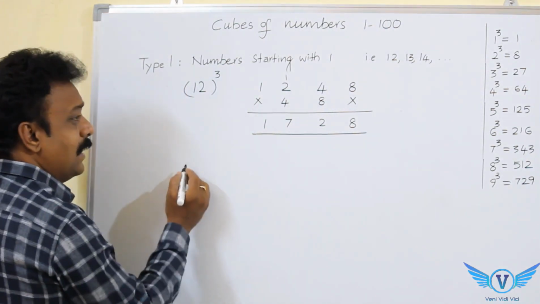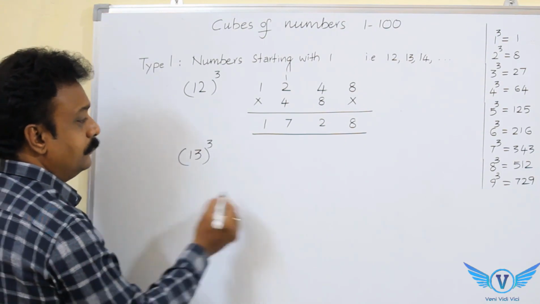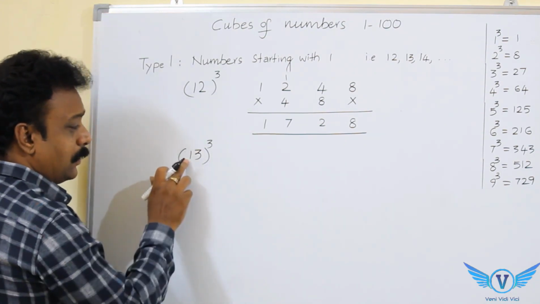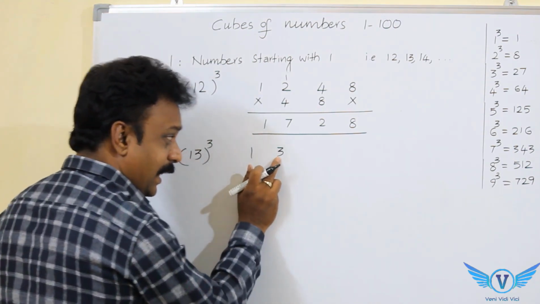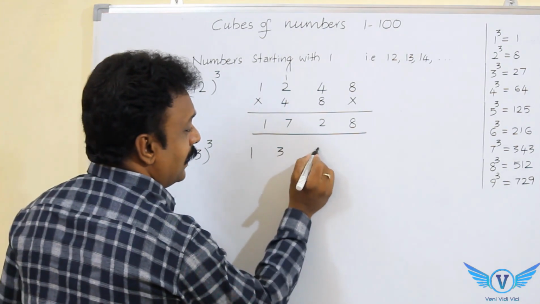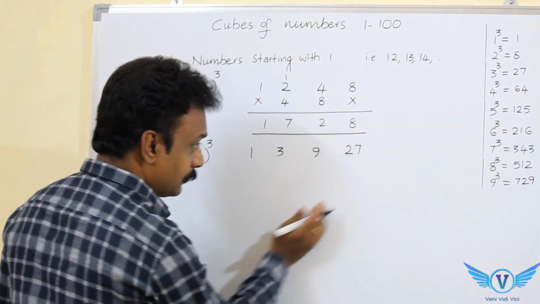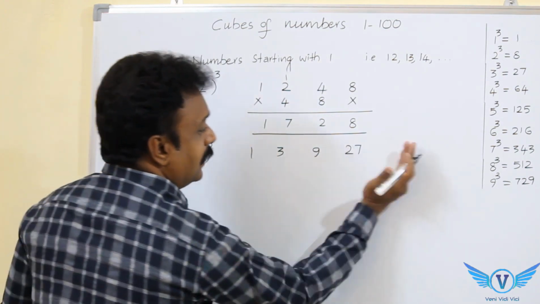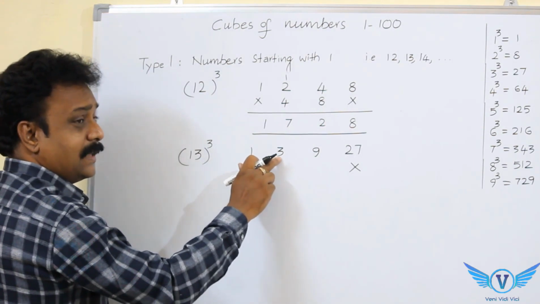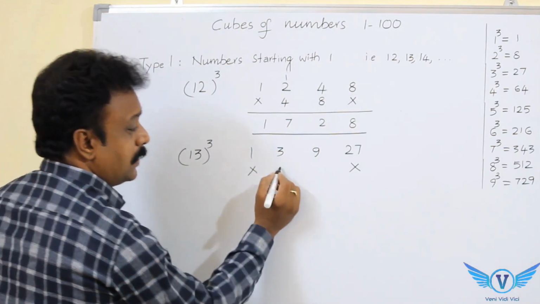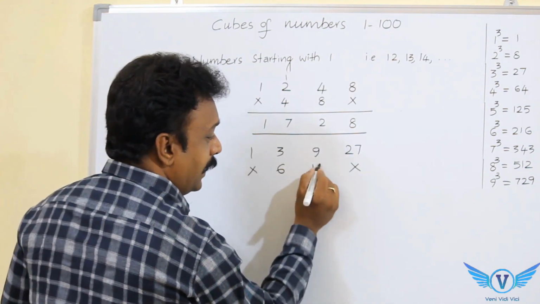Now let us take another example, 13 cube. Now let us write the 2 digits, 1, 3. The second digit is 3, so the square of the second digit is 9. The cube of the second digit is 27. Now leave this one and this one. So let us double the second digit. 3 into 2, 6. Double this, 9 into 2, 18.